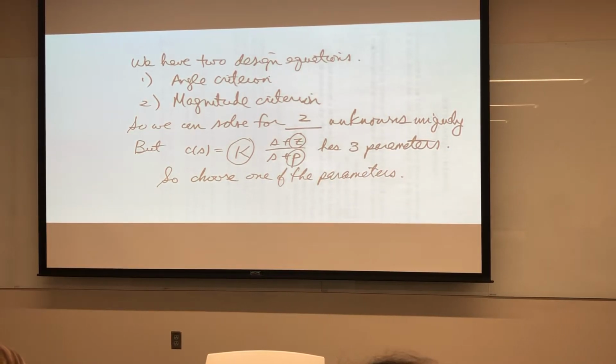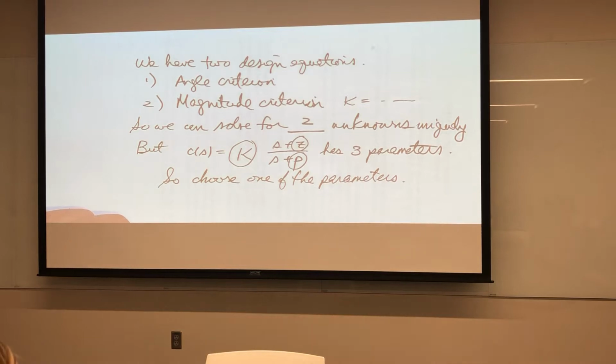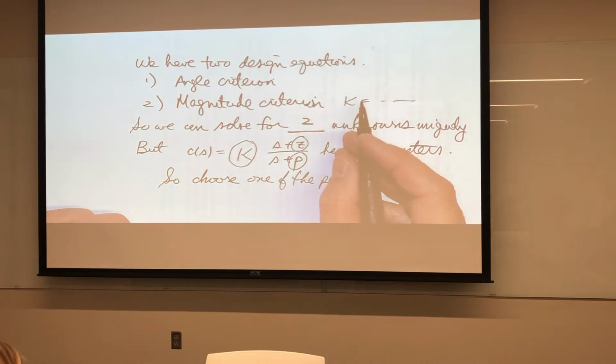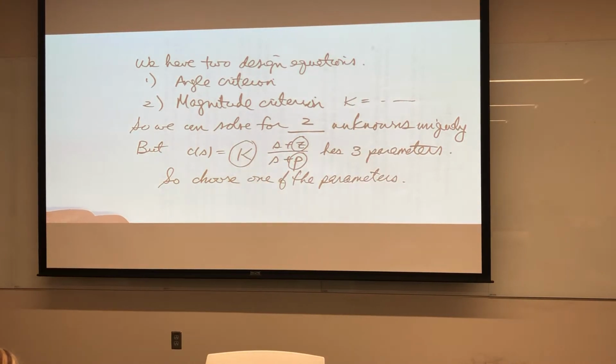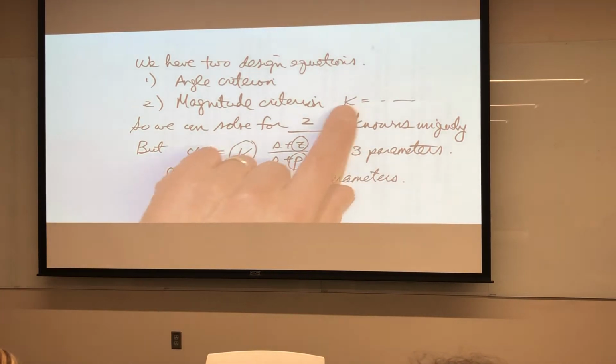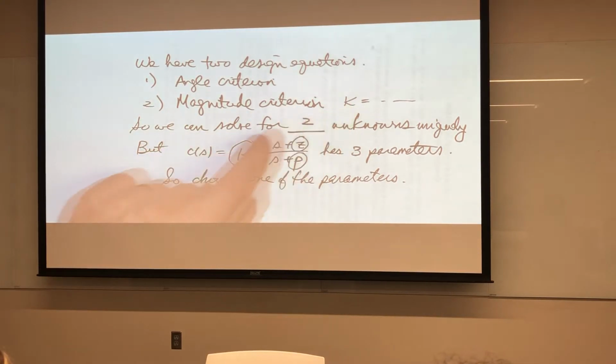Now, if we remember the magnitude criterion says K equals something. So we have a formula for K. Magnitude criterion is going to tell us K, so it doesn't make sense to choose K, because we're going to use both equations. One of the equations tells us what K is, so this is really going to be solved for.